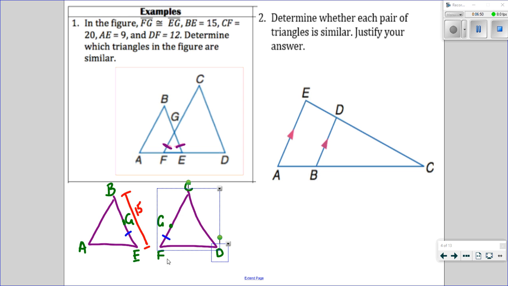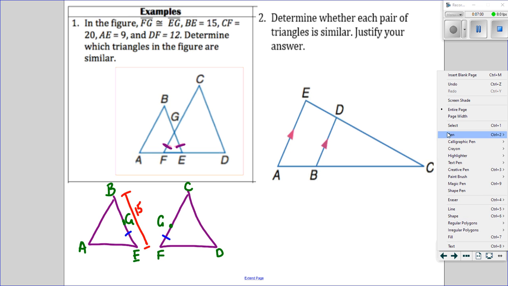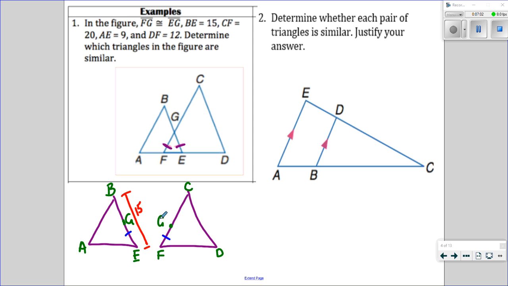Alright, so never mind, because then I'm going to have to erase whatever. Alright, so I'll just do the best I can with this. So this side is 20. AE is 9. DF is 12.